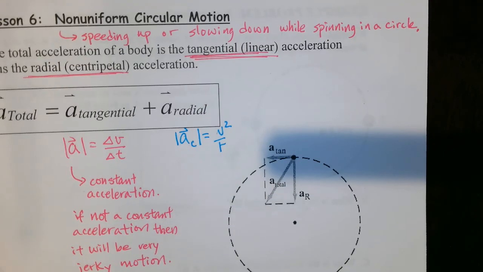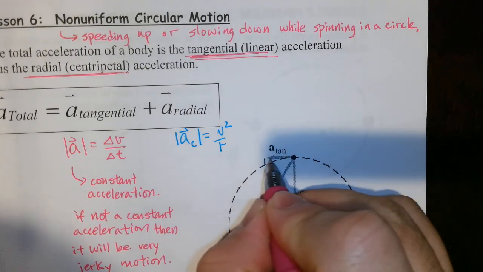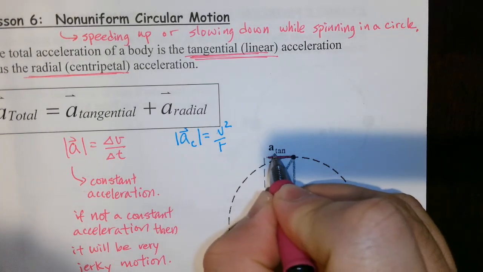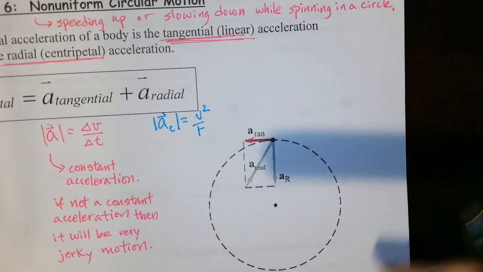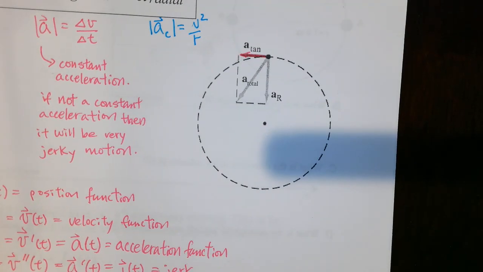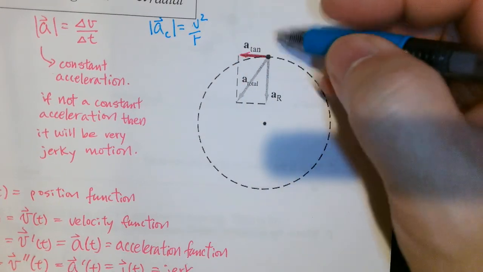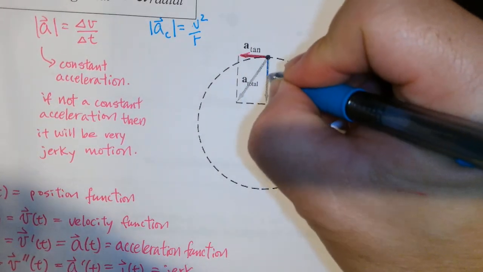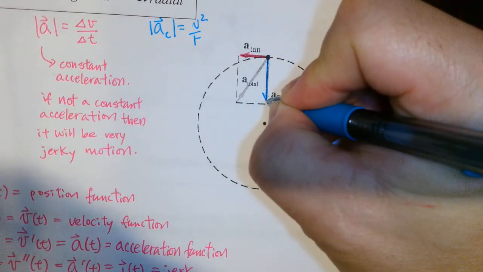So here, my tangential acceleration is obviously tangent to the circular trajectory. And since this is going in a circle, I have radial acceleration happening simultaneously.